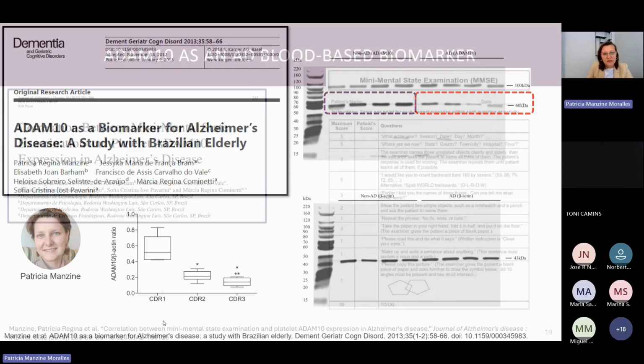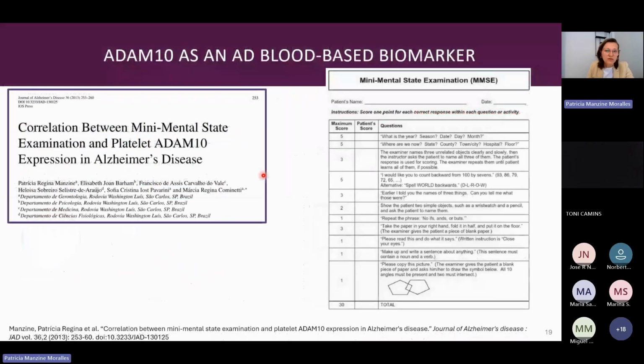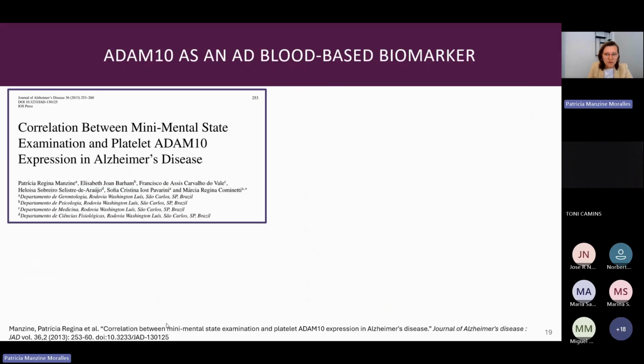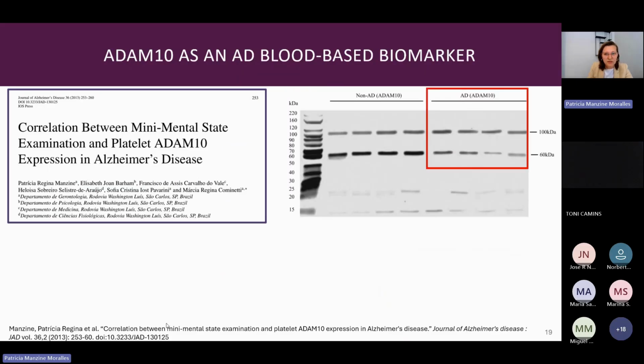I also observed that these levels positively correlated with neuropsychological tests, as we saw, for example, in the Mini-Mental State Examination. It's a cognitive screening tool that assesses memory, orientation, and other cognitive domains.